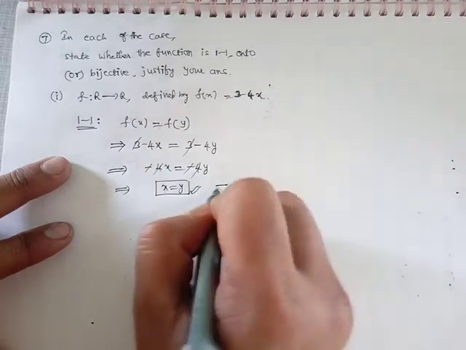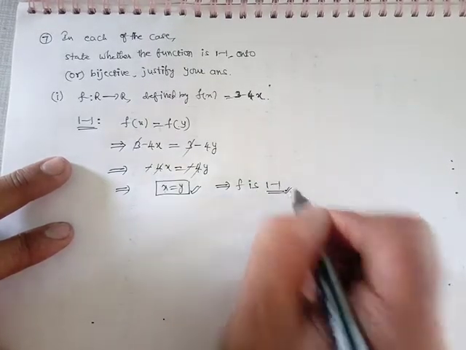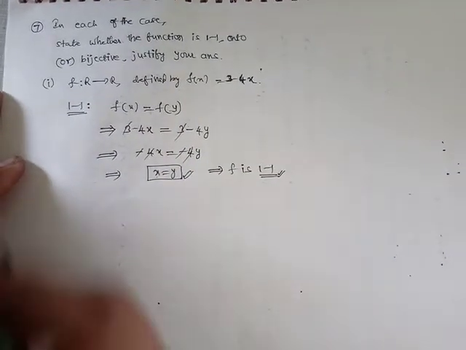So this implies the given function f is 1-1, and now we check whether it is onto or not.